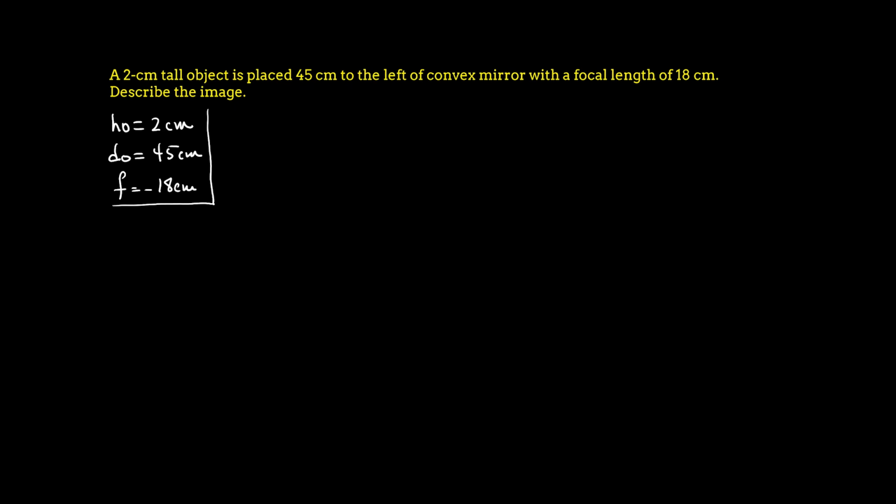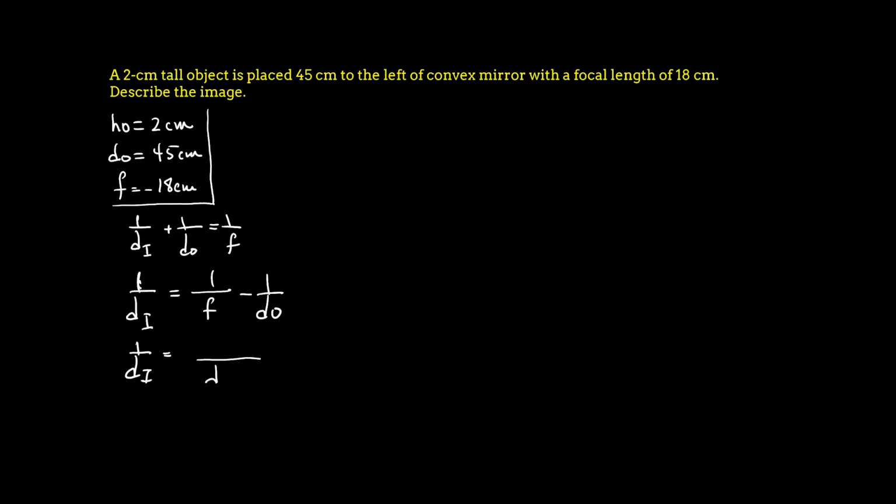So first, we do need to get the distance to the image. So 1 over di plus 1 over do is 1 over f. So again, do it one time. Bring do over. Combine the 2 on the right into do times f, do minus f, and then flip.